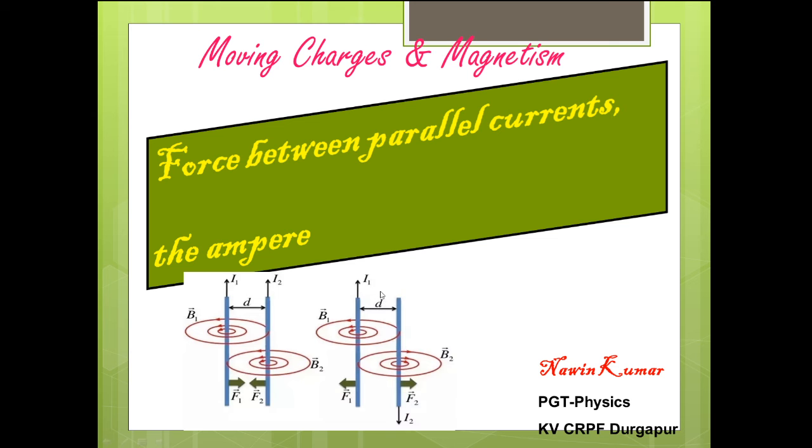And see another diagram, the current carrying conductors, but the direction of current changes, so the direction of force also changes. Let us discuss in detail the force between two parallel infinitely long current carrying conductors.